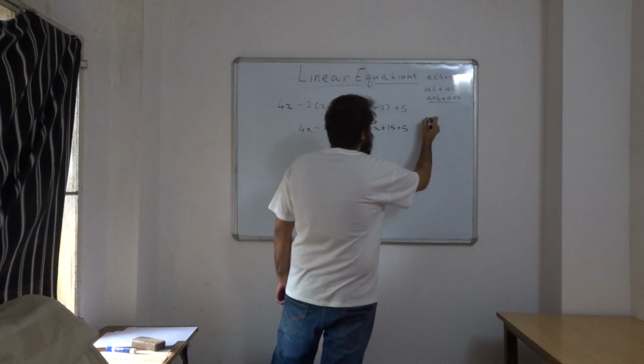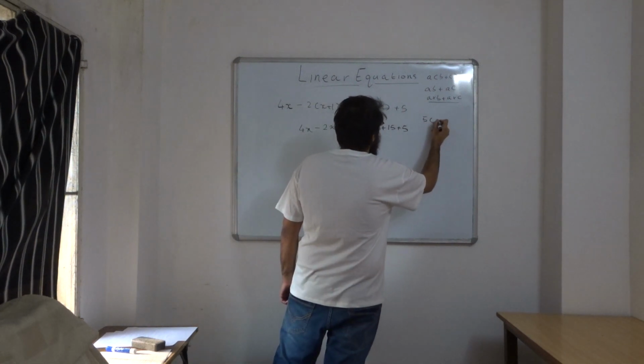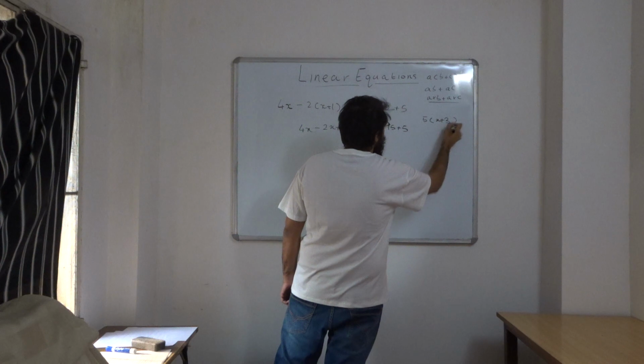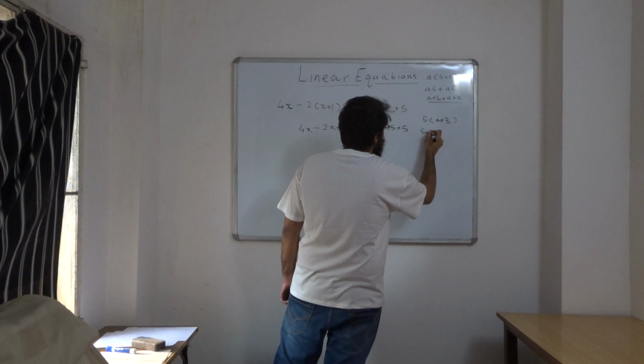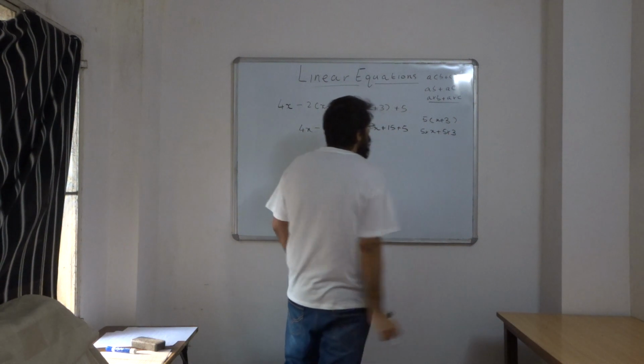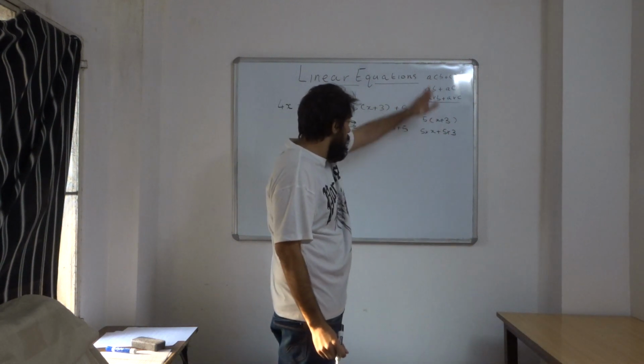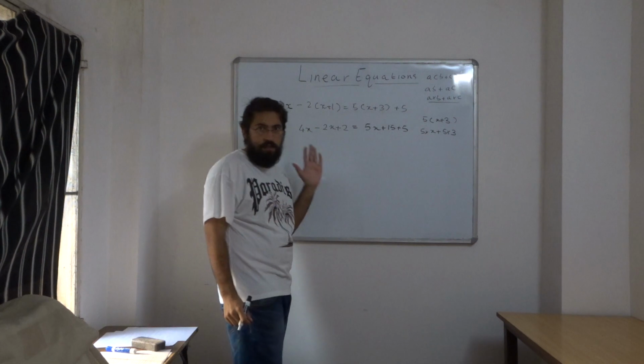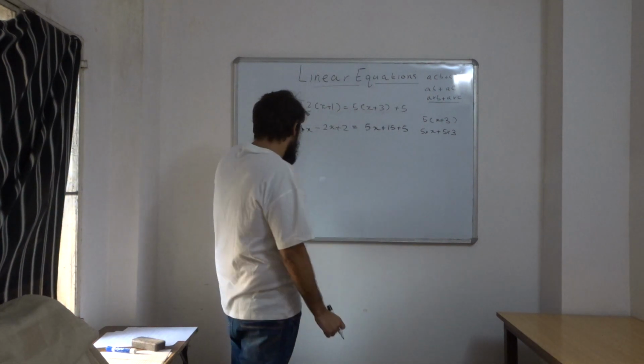So here, guys, 5 times x plus 3 is equal to 5 times x plus 5 times 3. Just look here and try to understand the logic.